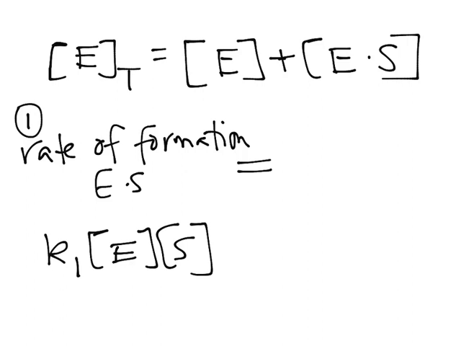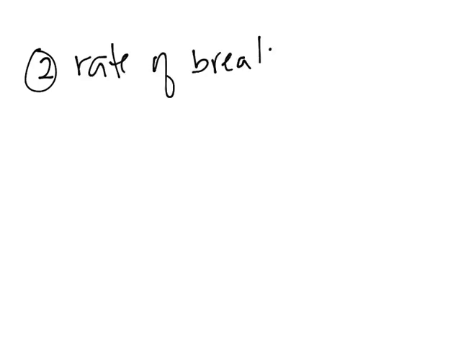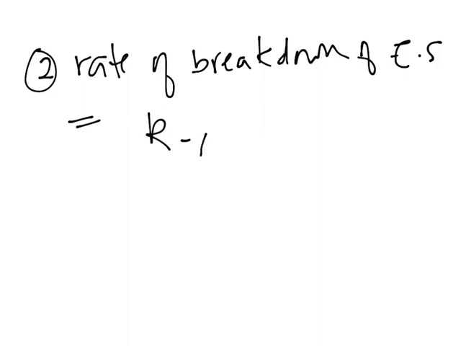And then I can also write a second equation for the rate of breakdown of the enzyme substrate complex. That's going to be equal to K minus 1, that reverse rate constant, times the concentration of the complex.